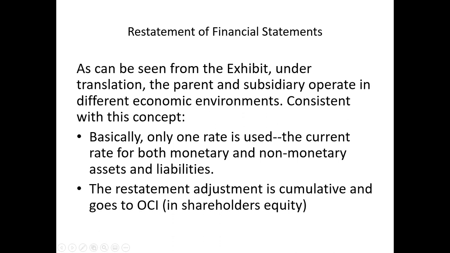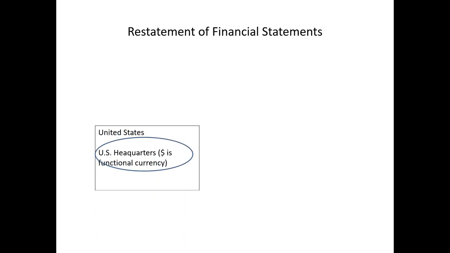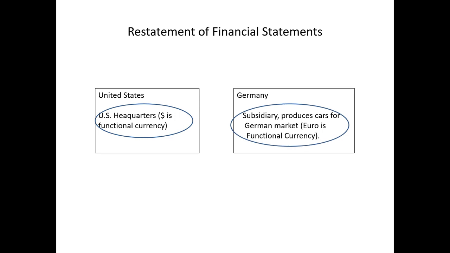So let's go over these rules one more time. When the functional currencies of the parent and subsidiary are different, use translation. That usually happens when the operations of each company are in different economic environments. In this case, we're assuming that the U.S. company operates and reports in dollars, and the German company operates and reports in euros.